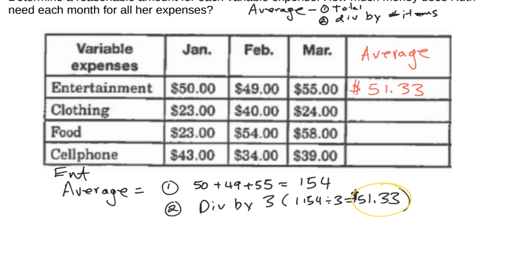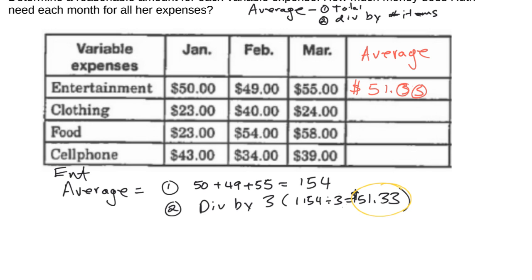Now, let's continue and take a look at the final budget, and then we will total our fixed expenses and variable expenses. If you don't really care about the decimals, this is one of those times where we can actually get rid of them. Not a problem. See how it says it was 51.33? Let's just put $51 overall for this average.